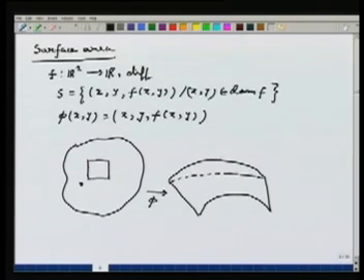Say this is (x, y), that is one edge of the rectangle. Then this one has an infinitesimal increment in the x direction, so I write this (x plus dx, y). And then this one at the top is (x, y plus dy).